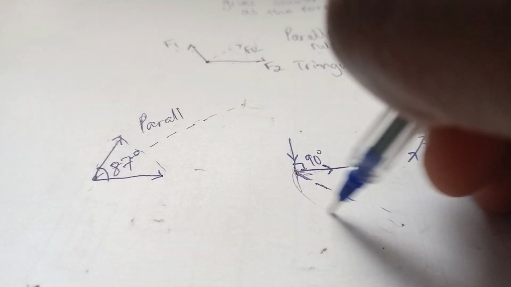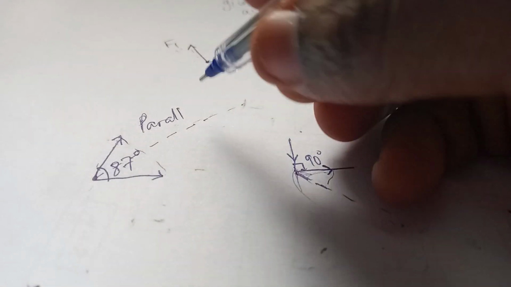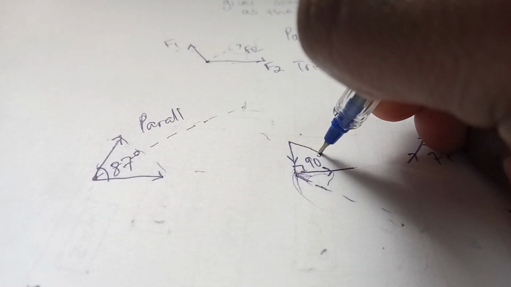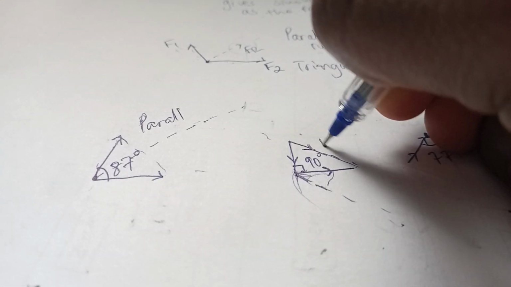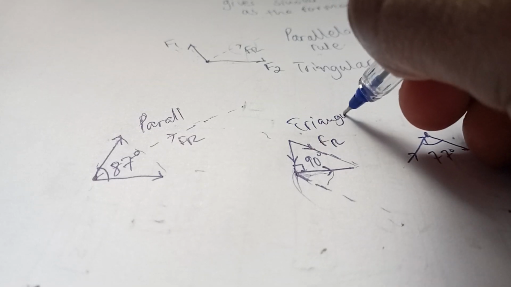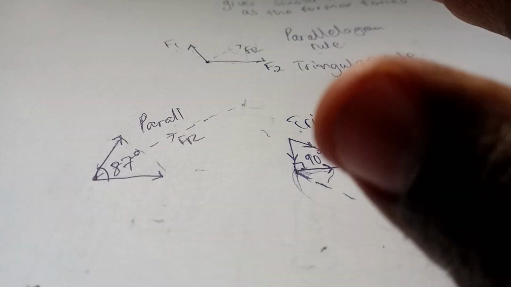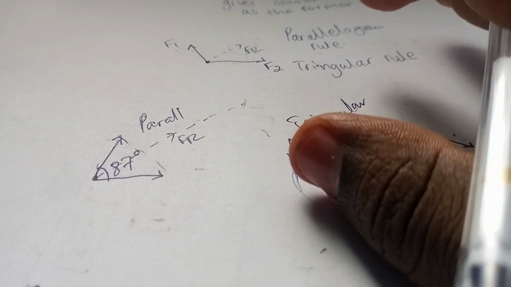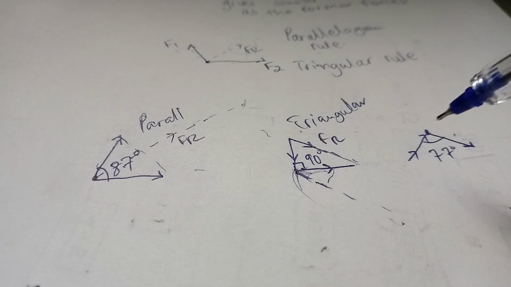If I lift this line up here, it will be like completing this triangle. Sorry, I wanted to draw a dotted line, but anyway, this is the resultant force, so here it's the triangular rule. I like using this imagination because it always works and reduces the burden and burnout of cramming stuff.